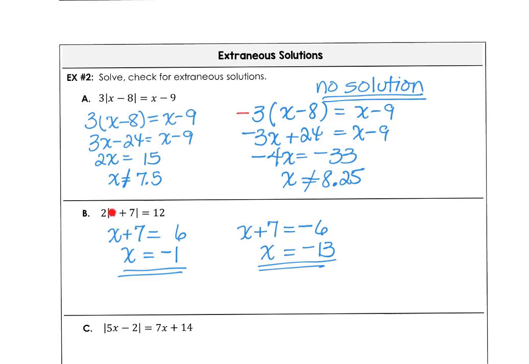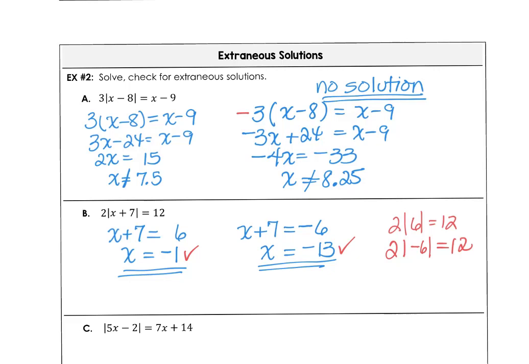By putting a negative 1 here or a negative 13 here, we want to verify we get 12. So 2 times the absolute value of 6 is definitely 12. This one works. And 2 times the absolute value of negative 6 is also positive 12. We have 2 valid solutions.